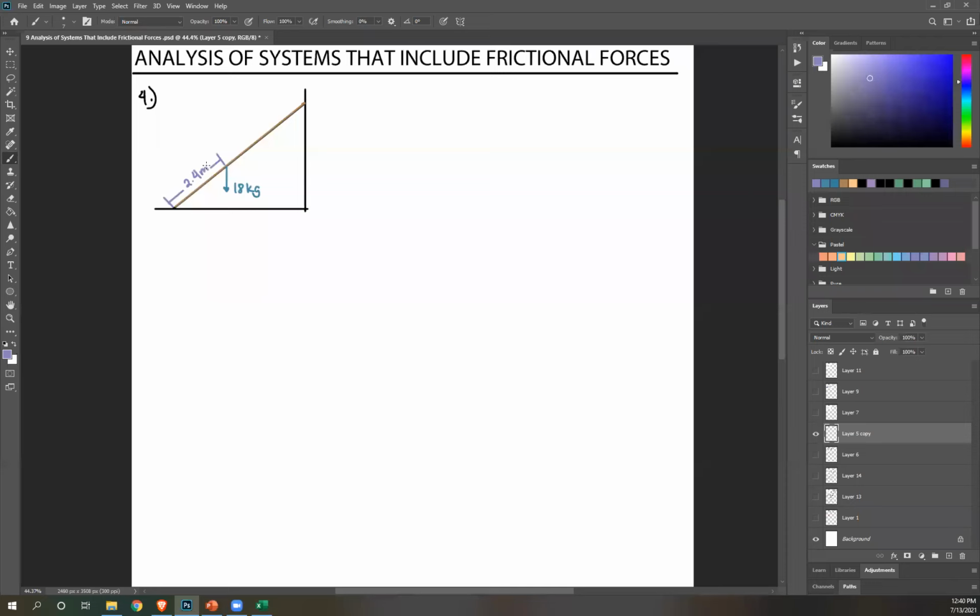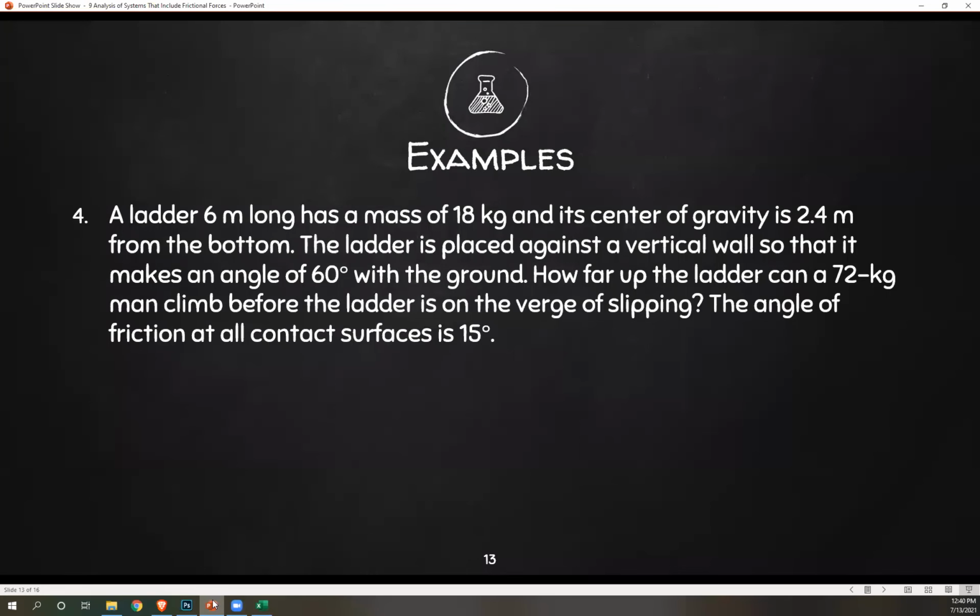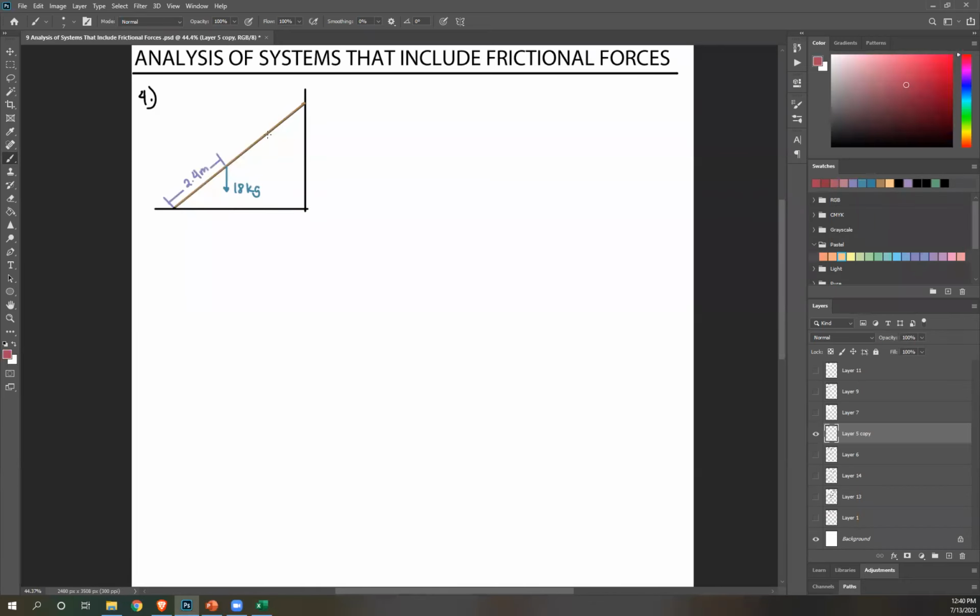Right? Next, you also have your man. And the man is 72 kilograms. So let's say here, okay, this is 72 kg.